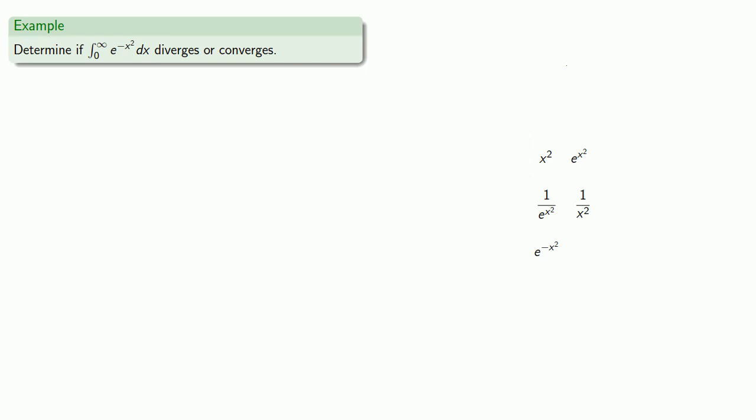So now the problem is comparing x squared to e to the x squared. One way to do this is to look at the ratio between the two expressions. Since we really hope that x squared is the smaller expression, let's look at the ratio of x squared over e to the power x squared. So we'll take the limit as x goes to infinity of this ratio, and this is good for a L'Hopital's visit.